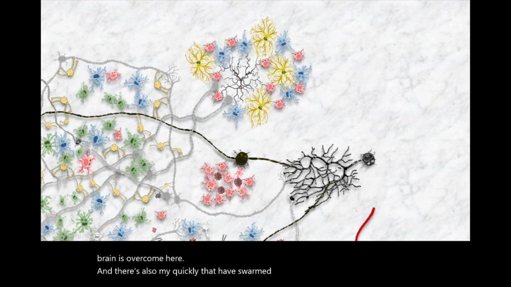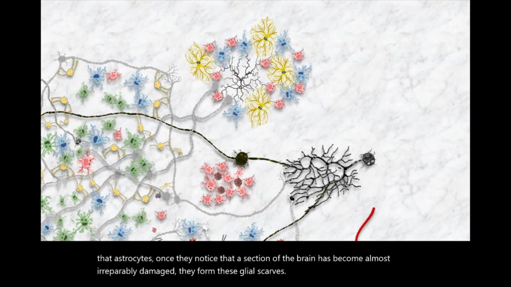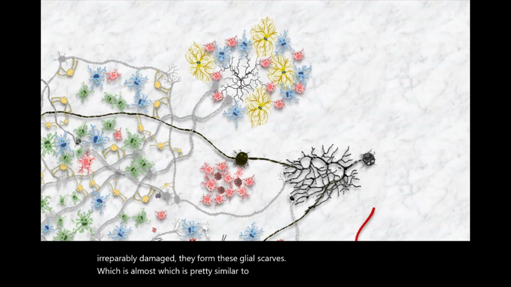But what happens is that astrocytes, once they notice that a section of the brain has become almost irreparably damaged, form these glial scars, which is pretty similar to scar tissue in the rest of the body.